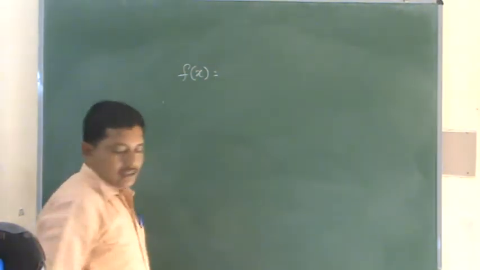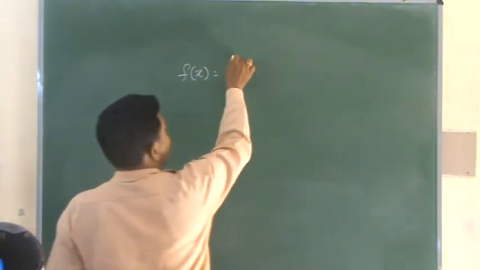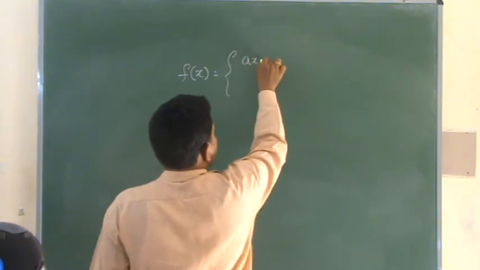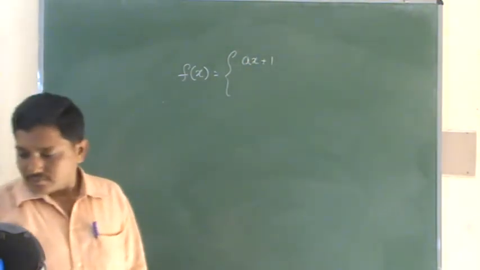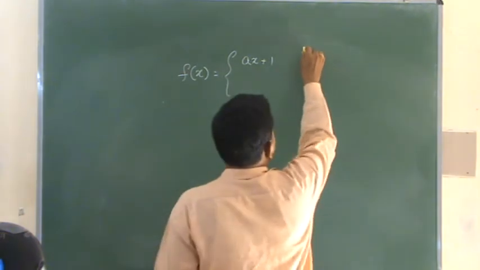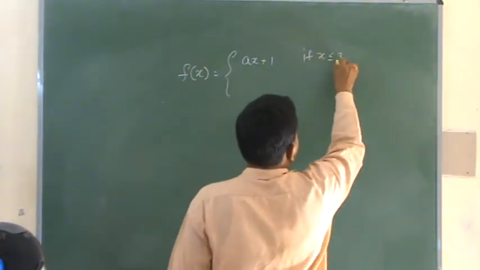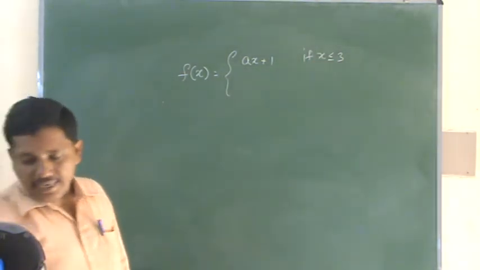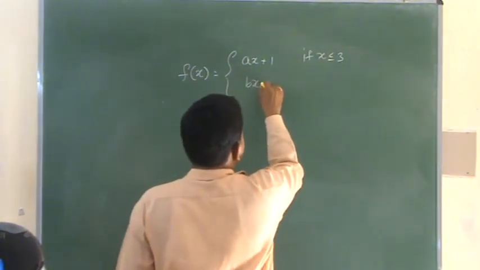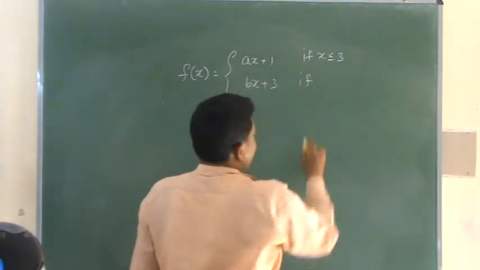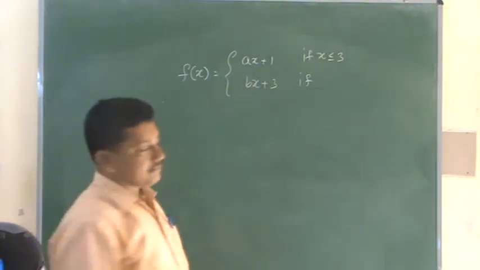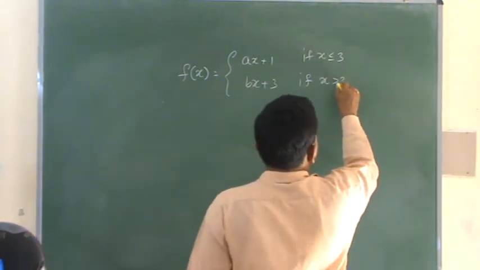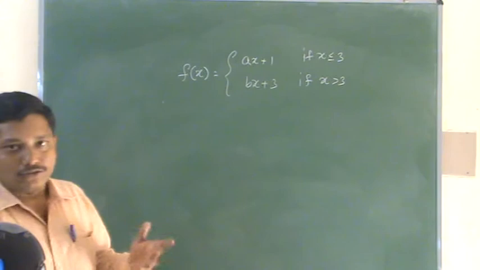f of x is equal to ax plus 1 if x is less than or equal to 3, bx plus 3 if x is greater than 3. It is continuous at x is equal to 3, right?